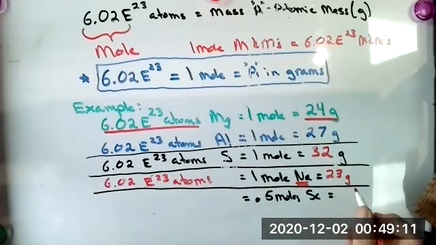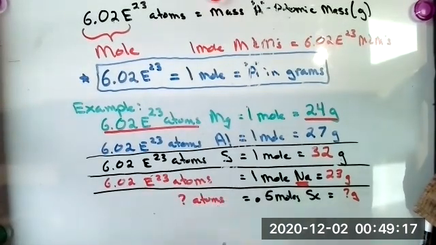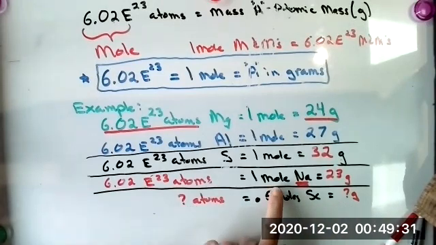How many grams would I have, and how many atoms would I have? I'll give you a minute. Think about what you would do to solve for those two spots. But now I don't have a mole. Think.